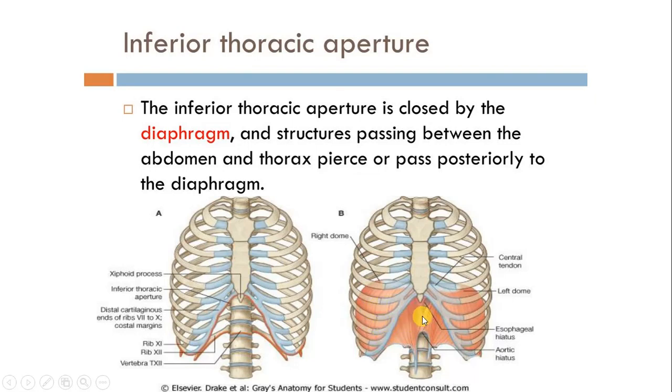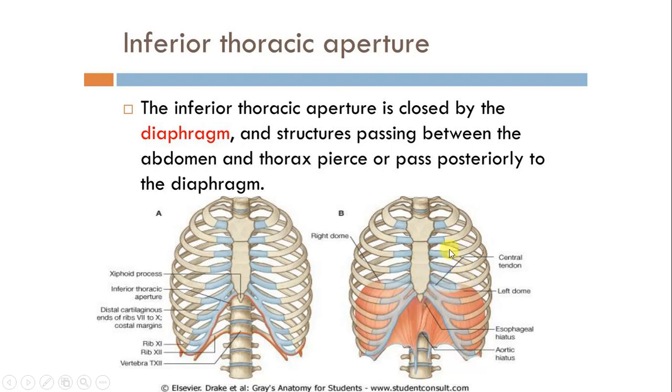So the inferior thoracic aperture is completely closed by the diaphragm, but the diaphragm itself may be pierced by structures which are going down from the thorax to the abdominal region, that is the thoracic aorta entering into the abdomen, while certain structures are coming up from the abdomen into the thorax, that is the inferior vena cava, thoracic duct, and esophagus. Certain structures also go out of this.